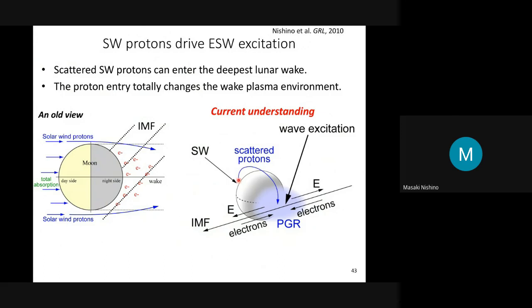Day-side scattered solar wind protons can directly access the lunar night side region, which we call the proton-governed region. Proton-governed means the proton comes first, and that attracts ambient electrons. These electrons play a very important role in wave excitation, as presented here.